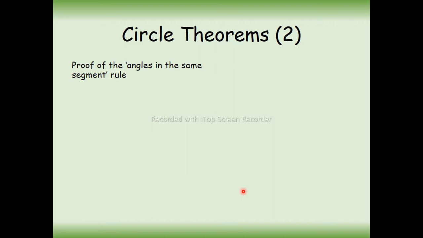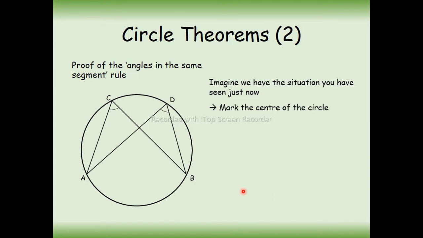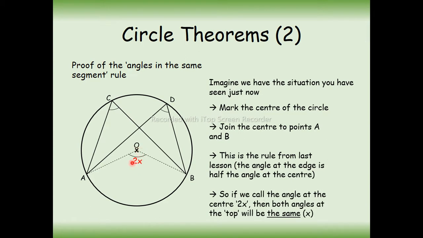If you look carefully, this bow tie rule theorem is basically a derivative of the theorem that we saw before. Remember we said that the angle at the center is twice the angle at the edge, or the angle at the edge is half the angle at the center.